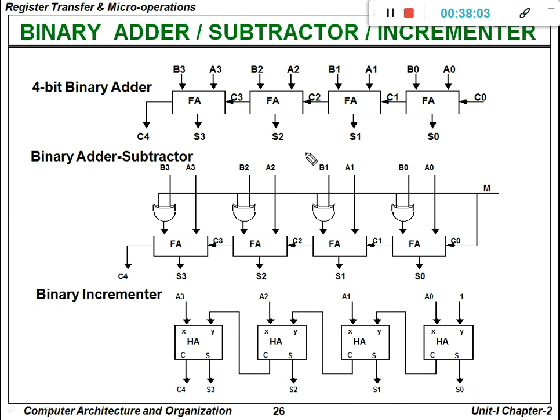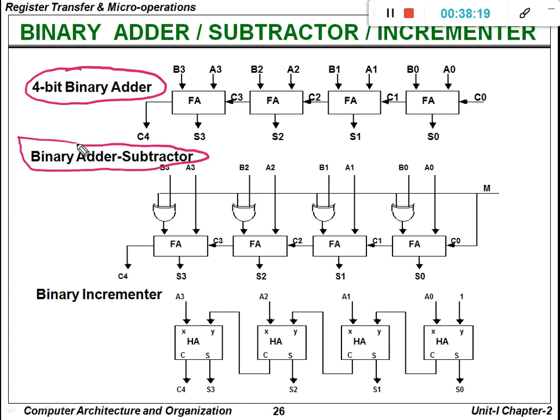So these are the basic arithmetic operations we are going to perform. To perform the addition operation, we need a 4-bit binary adder. To perform addition as well as subtraction, we need a binary adder subtractor, which acts as both adder and subtractor based on the M value.